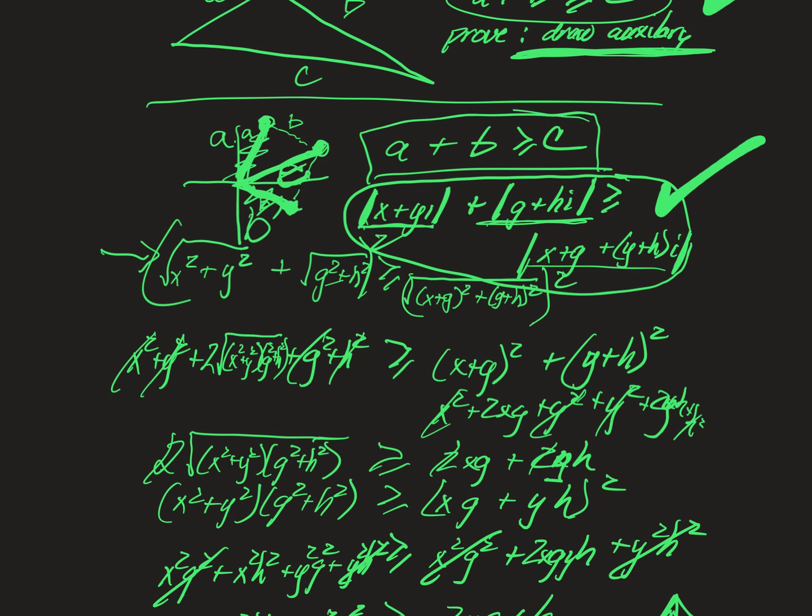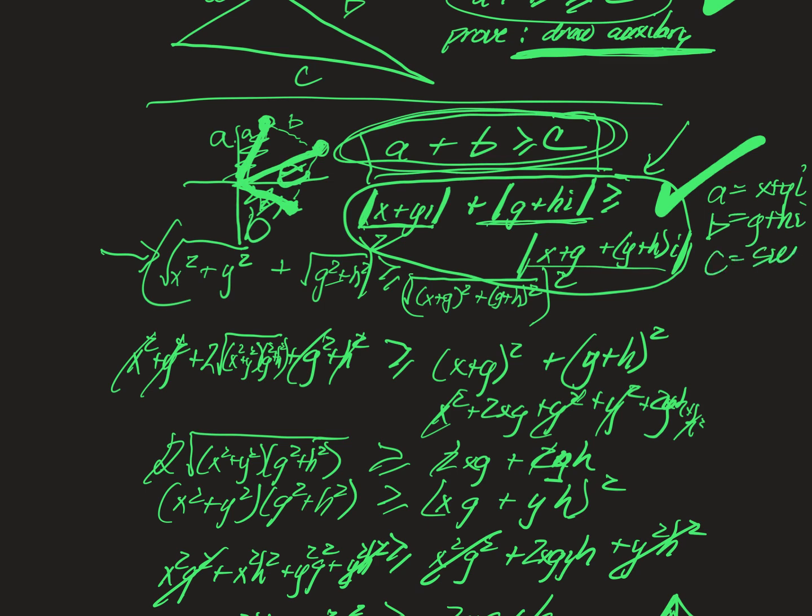If we rewrite this triangle inequality in terms of the complex numbers, where A equals x plus yi, B equals g plus hi, and C equals the sum A plus B in complex numbers, then we get this right here, okay?